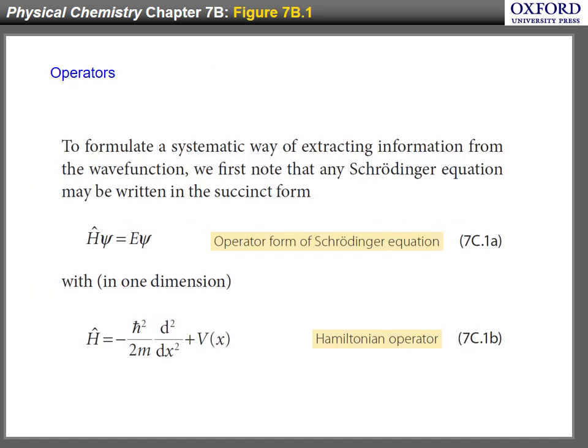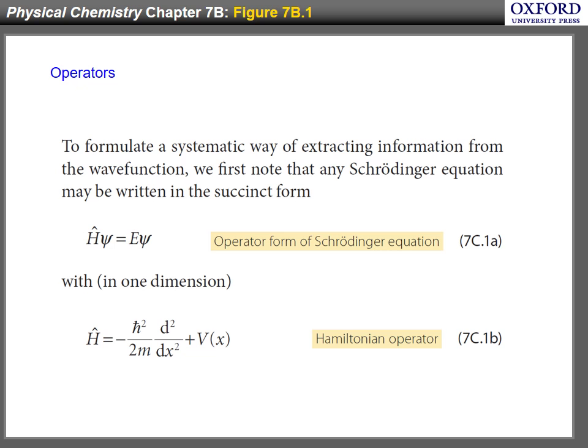So we know that the Max Born interpretation can give us the maximum information that we can obtain about the location of a particle. But what about some additional information? For that, we need to do some elaborate mathematical transformations, and to do that, we introduce the operators.